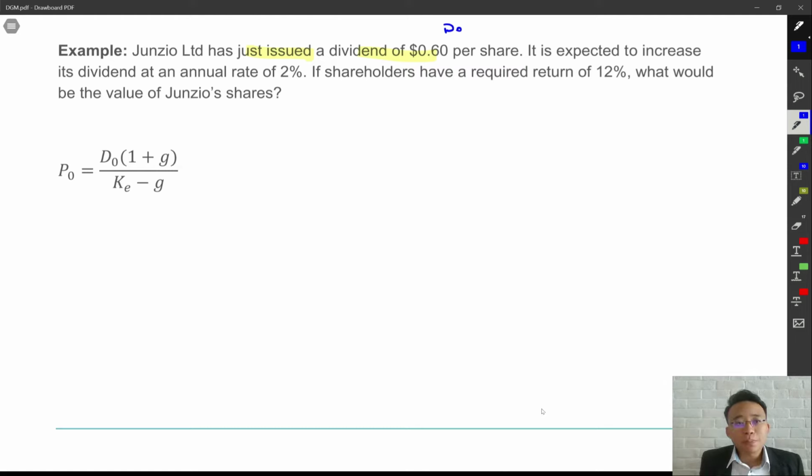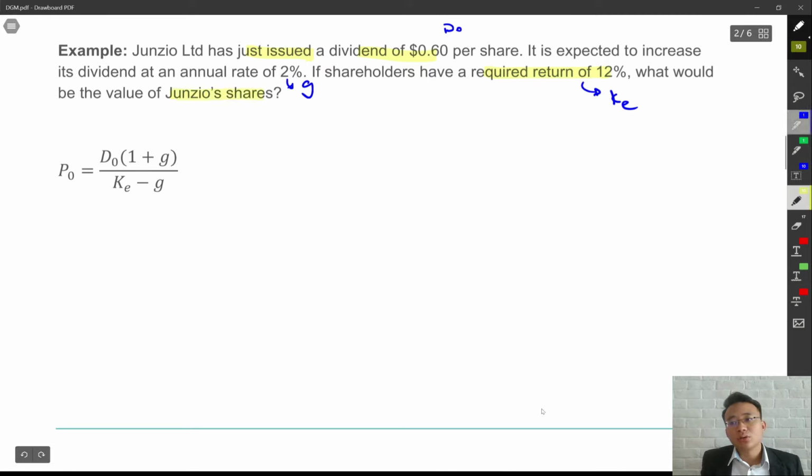It is expected to increase the dividend at an annual rate of 2%. That sounds constant. This is my g. Shareholders required return 12%. This is my cost of equity, my Ke. What would be the value of Junzio's share?